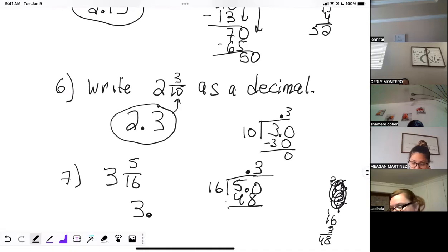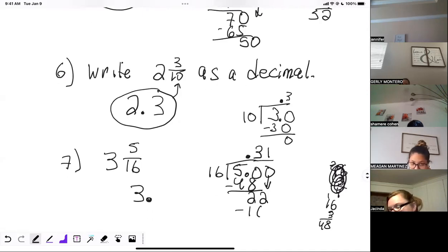48, that makes 2. Add a 0, bring it down. It's only 1 16 and 22. Minus 16. That would be 6 left. That should say 20, not 22, right? Yes, sorry. Thank you. That would be 4. That sounds better to me.